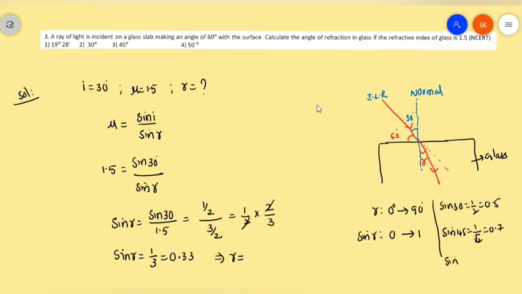Sin 50 value is again more than 0.7, because when the angle increases, this value automatically increases. That means here we have the sin r value as only 0.33. That means automatically the first option is the right option. We don't know exactly that it is 19 degree, but we can expect it by using the given values. Let us go for the next problem, the fourth problem.